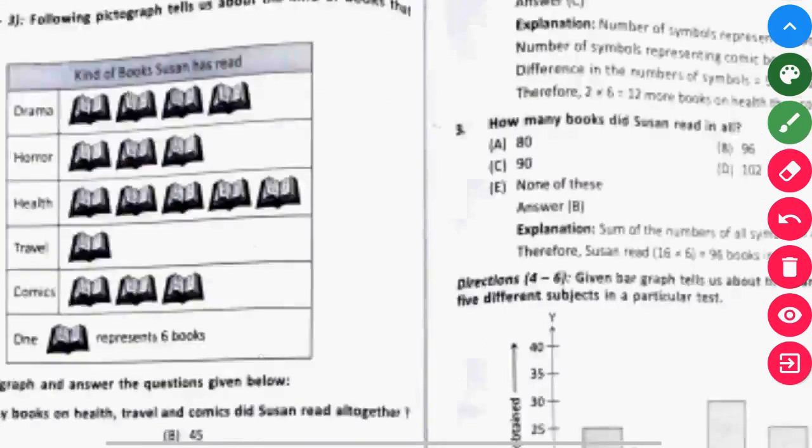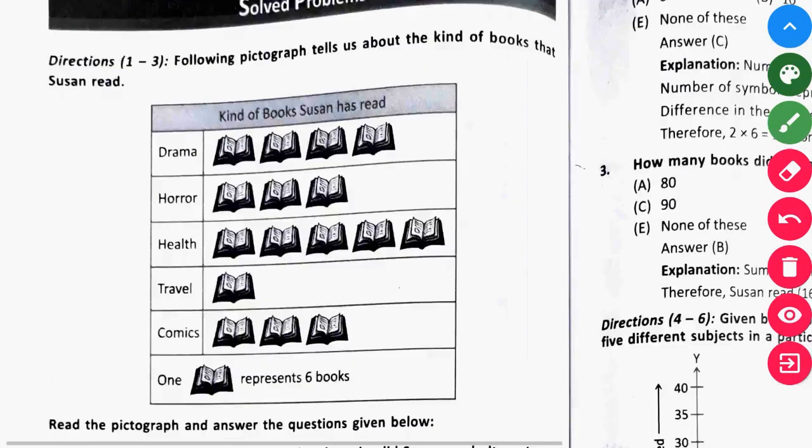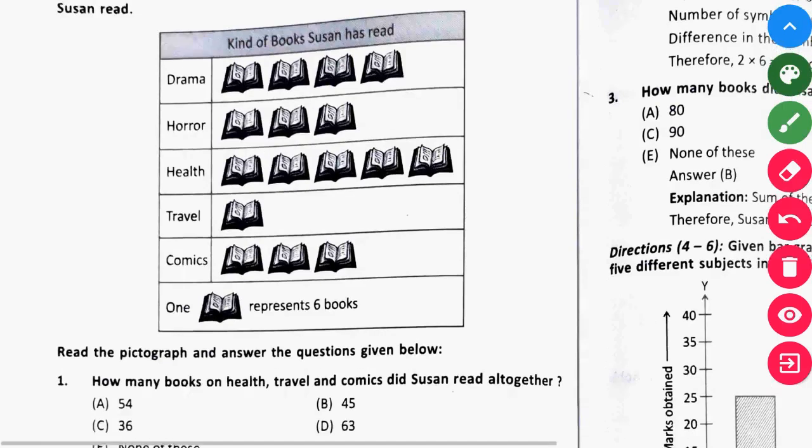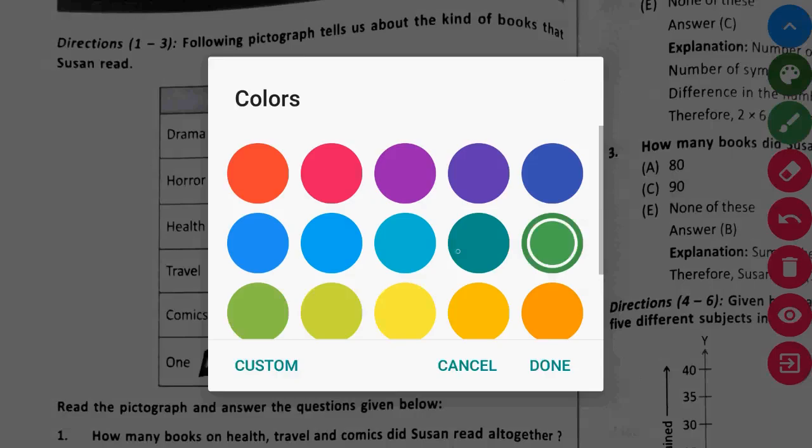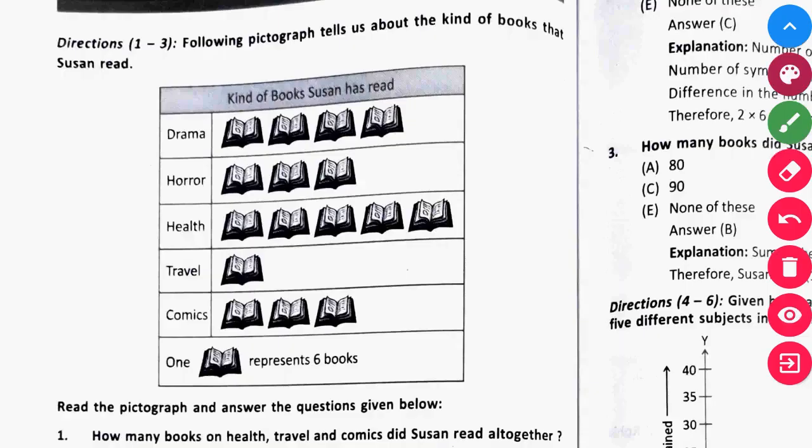Now we'll move ahead directly to some solved examples. Now see, this is one question in which the following pictograph tells us about the kinds of books that Susan read.